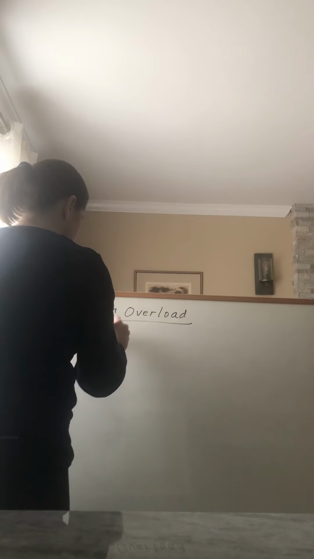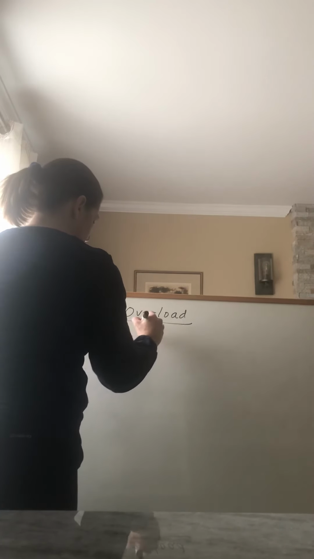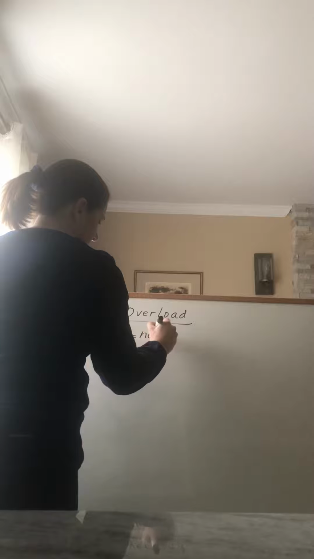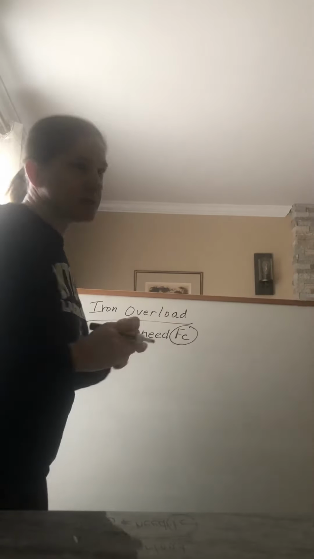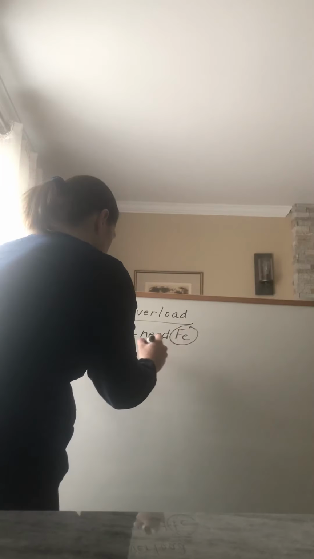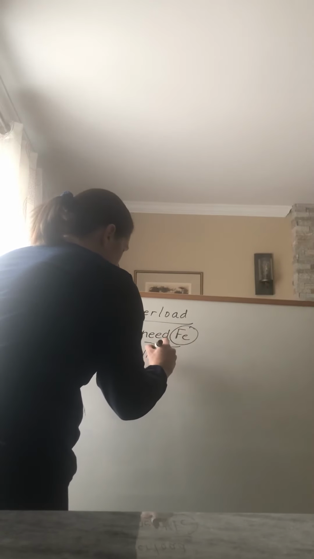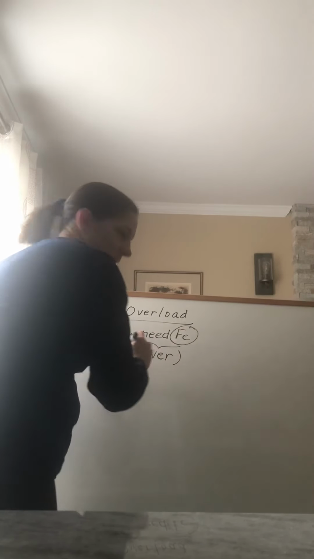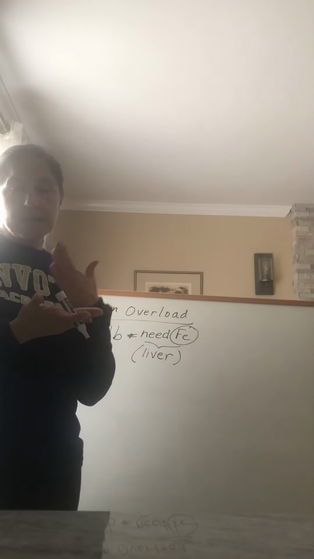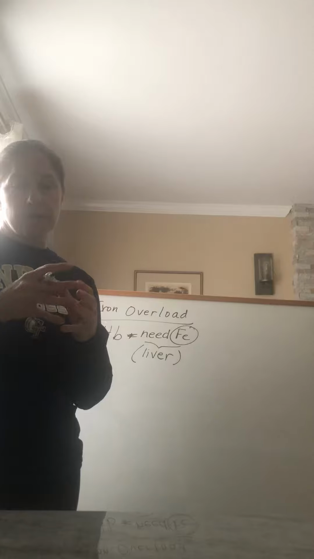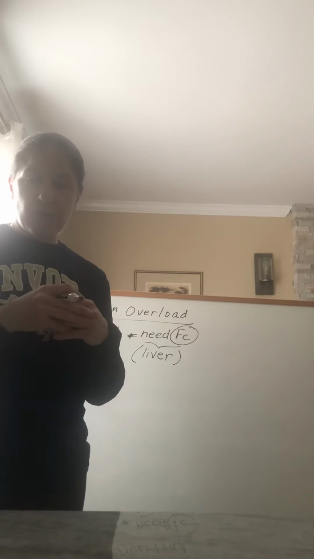Now remember, in order to make hemoglobin, we need iron. But the amount of iron we need has to be kept in balance, and that is taken care of by the liver. And so what can happen sometimes is individuals can have an excessive absorption of iron.